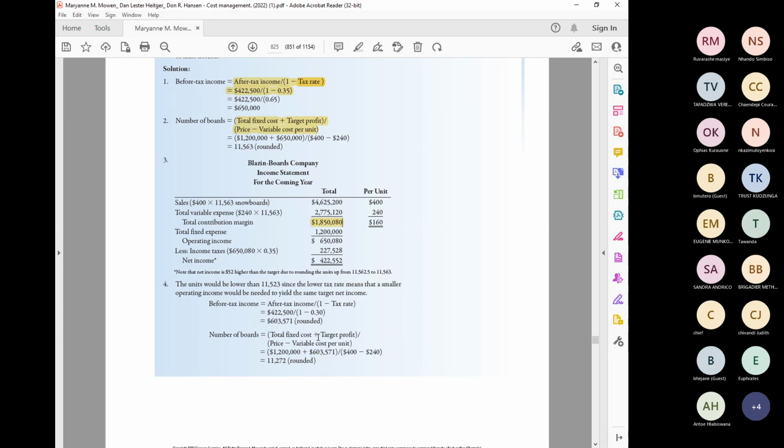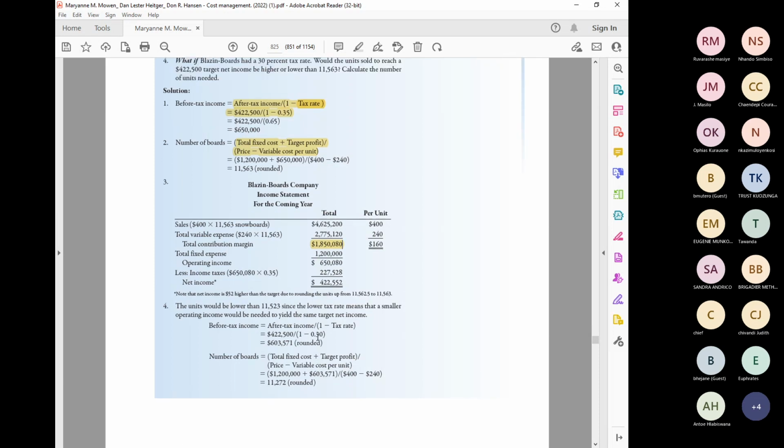So we have solution 4. The units would be lower than 11,523, since the lower tax rate means that a smaller operating income would be needed to yield the same target net income.